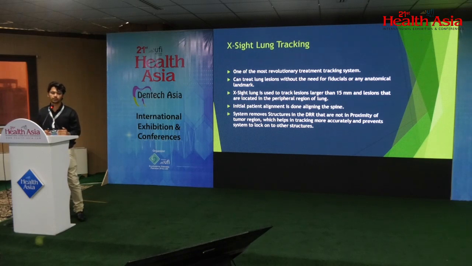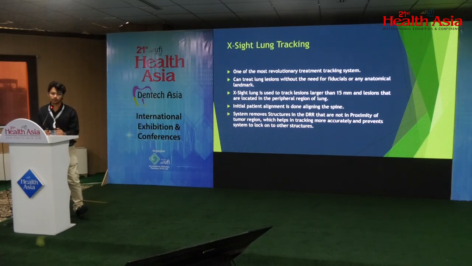Now the second method is X-sight lung tracking. In patients with pulmonary mets, where we cannot implant gold markers because of the risk of collapsing the lung, or pneumothorax, we don't need markers, because the tissue density in lungs is much lower, and due to that, the higher density tumor tissue can easily be visualized with X-rays alone.